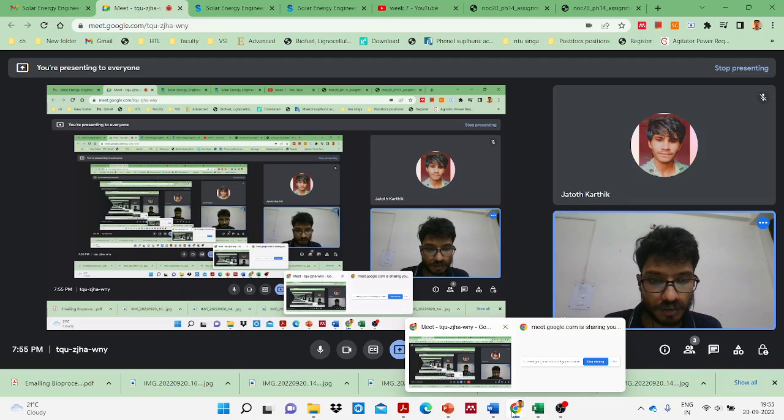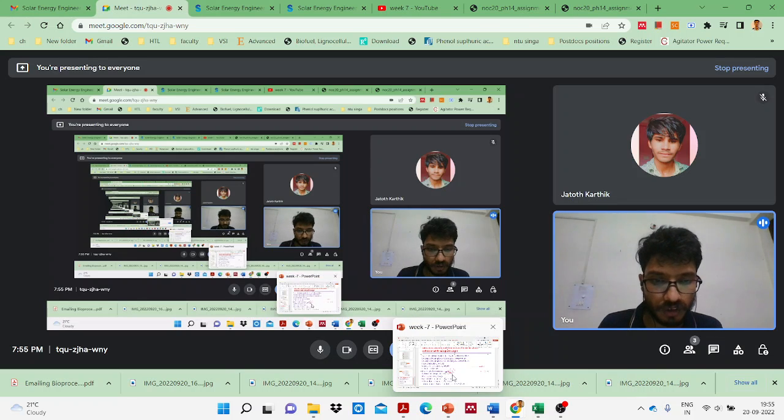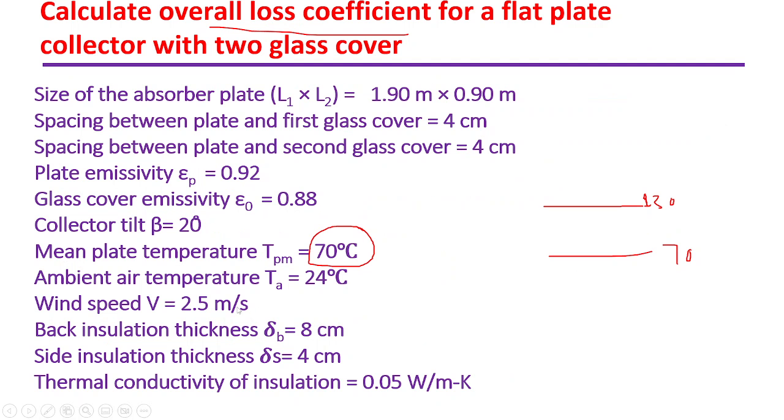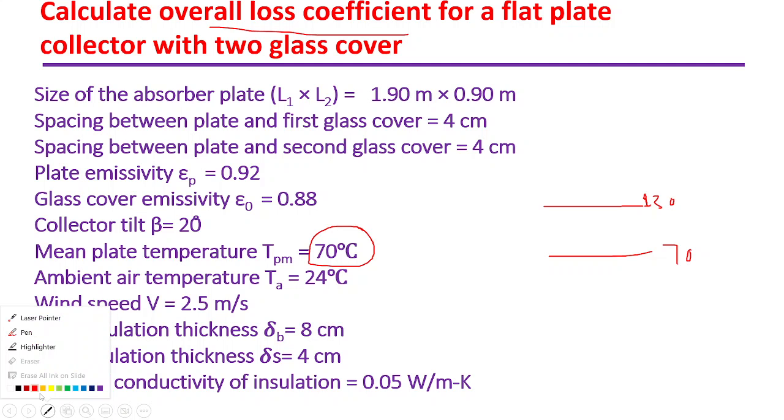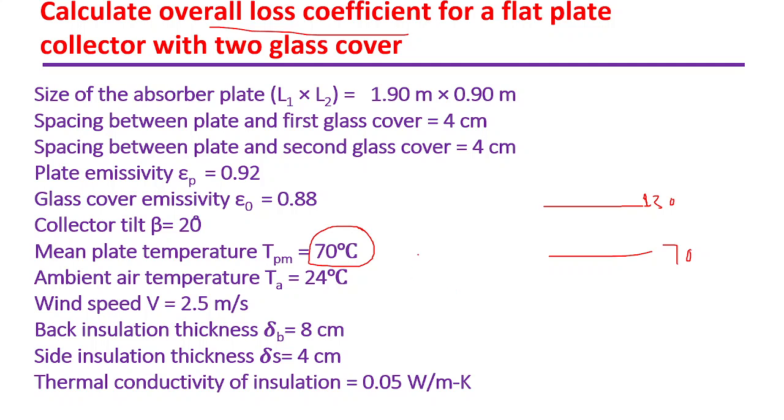You have noted down the problem statement, right? All these figures you have noted down. If you have not noted it down, the thermal conductivity of insulation is 0.05 watt per meter Kelvin, and the back insulation thickness delta B is given as 8 centimeter.